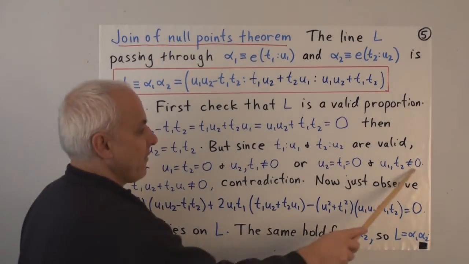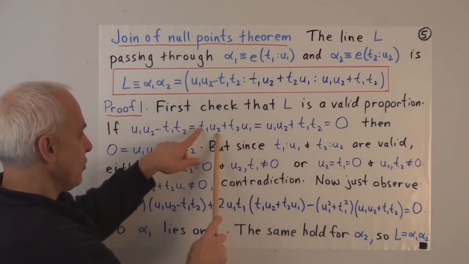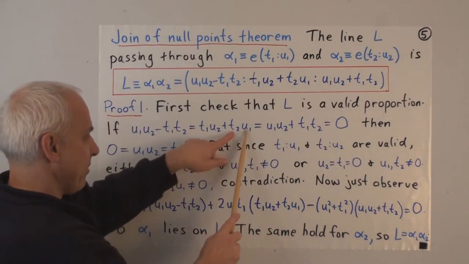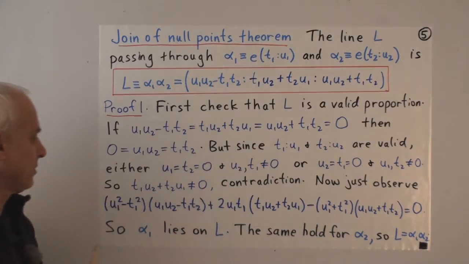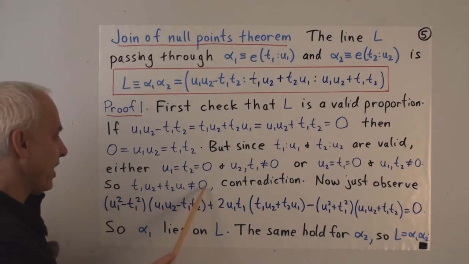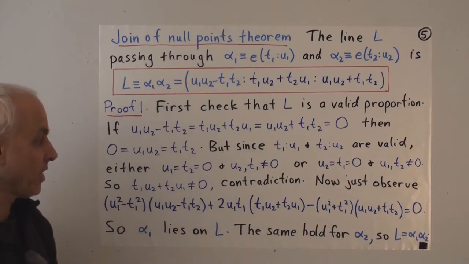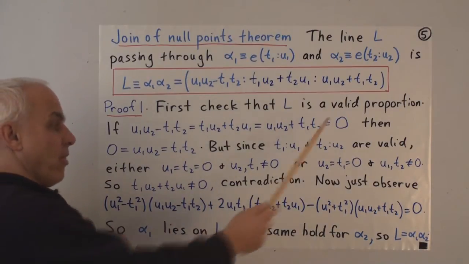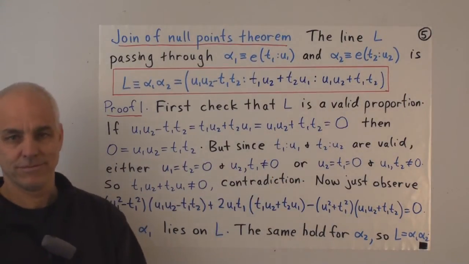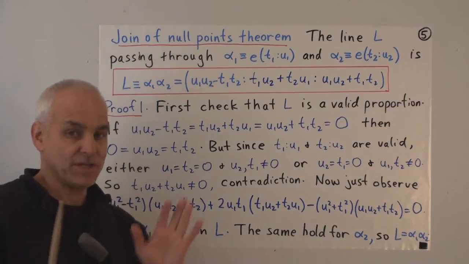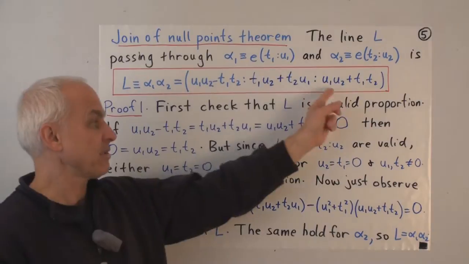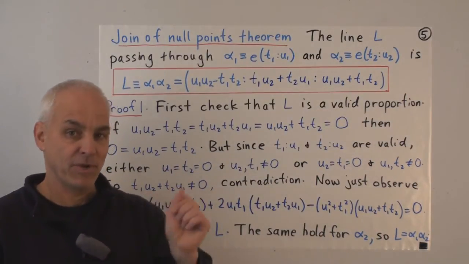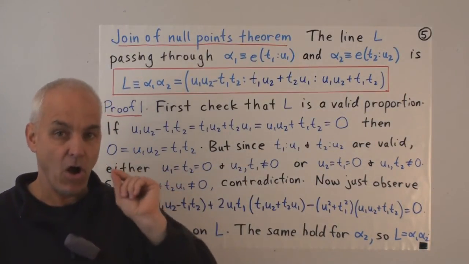And similarly over here, if this was happening, then u2 t1 would be 0, but these would both be non-zero, so this whole combination would be non-zero. So either way, the middle thing is not equal to 0, which contradicts our assumption that they were all three 0. So we've just established that, yes, this is actually an honest expression. Those three numbers can never be all 0.